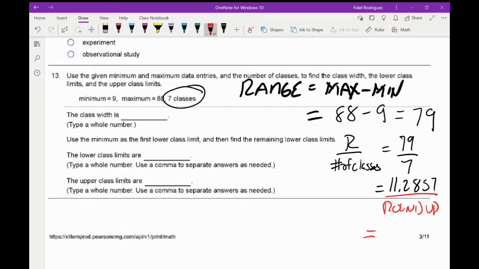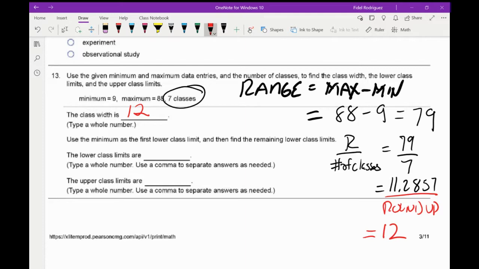So even though it's 11.28, my class width is going to be 12. It doesn't matter if I come up with 11.2 or 11.3 or 11.9. The directions say you always got to round it up.